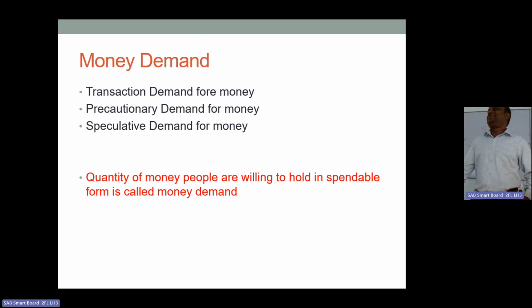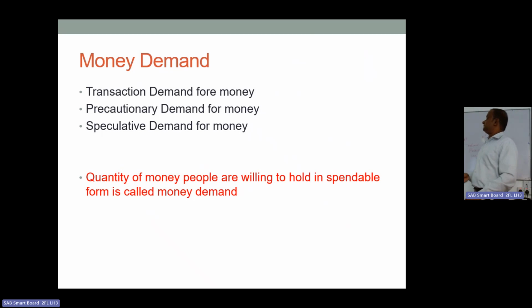But these days there is a fear of going to the government hospital, with no treatments, no medicine, sometimes long waits for treatment. So money demand under precautionary also depends on income.